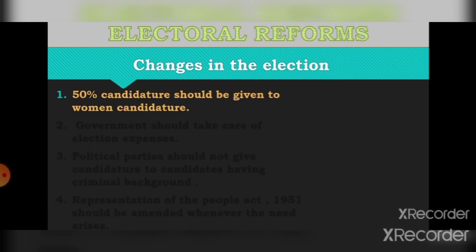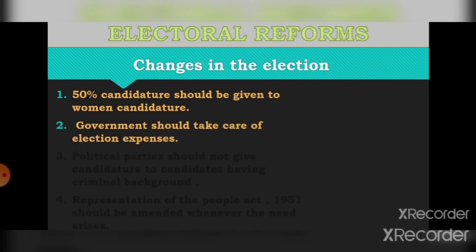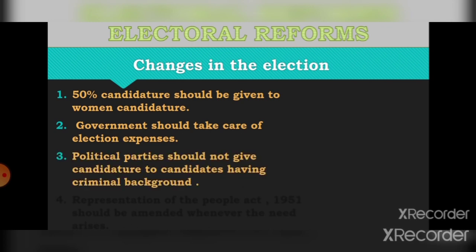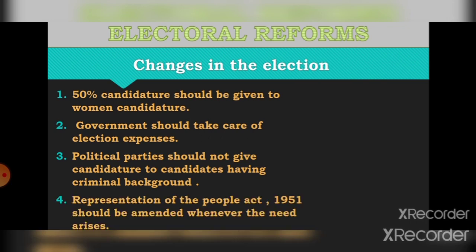Now 50% candidature should be given to women candidates. Government should take care of election expenses. Political parties should not give candidature to candidates having a criminal background. So the political parties can't select a representative who is from a criminal background. The Representation of the People Act 1951 should be amended whenever the need arises.